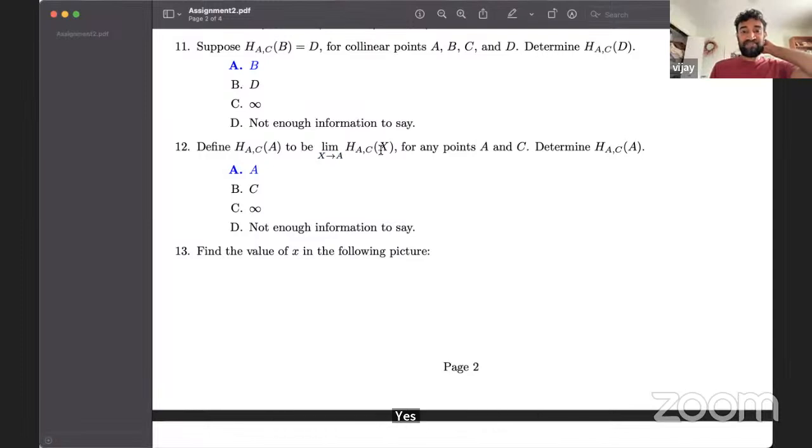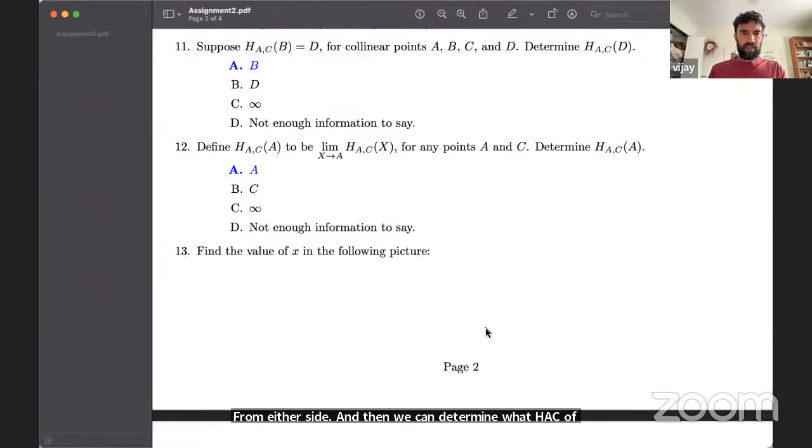We take HAC of X as X approaches A. And it can approach A really in any way we want, from either side, basically. We can approach A from either side, and then we can determine what HAC of A is.